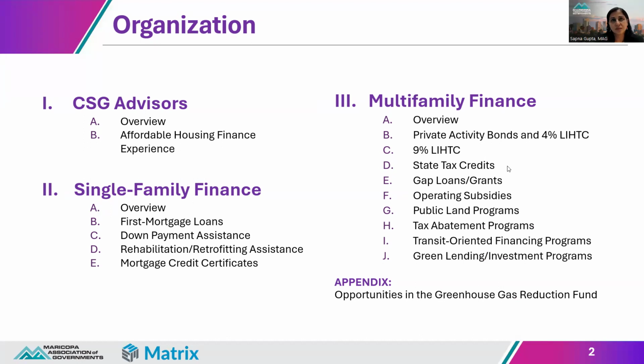Operating subsidy programs, there's really no minimum size to a project-based Section 8 allocation, right? And so you can have Section 8 on very, very small projects. It's on a unit by unit basis. Public land is another one. If you've got a piece of land, that is a great way to incentivize someone to come build something on it, if you can get it to them for free or low costs.